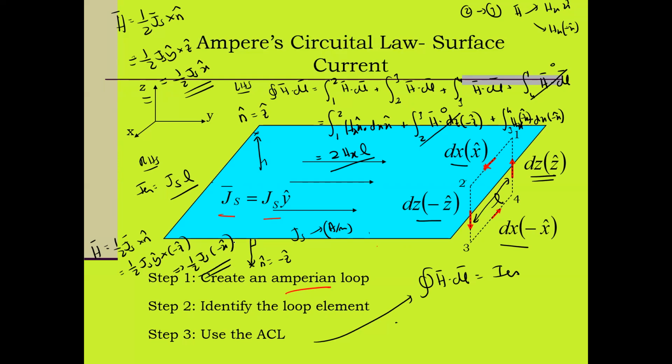So this is the H field above and below the surface current of infinite area, in which we can simply use the equation of half Js cross n to get the value of the H field intensity.